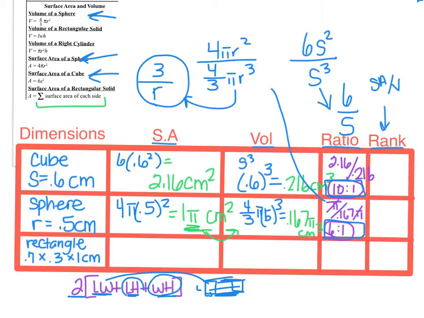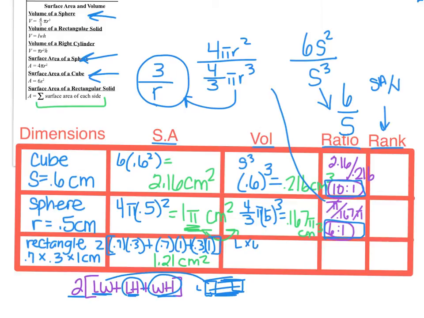So for our rectangle, it's going to be 0.7 times 0.3 plus 0.7 times 1 plus 0.3 times 1, and then we'll multiply the entire thing by 2. And when we do that, we get 1.21 centimeters squared.